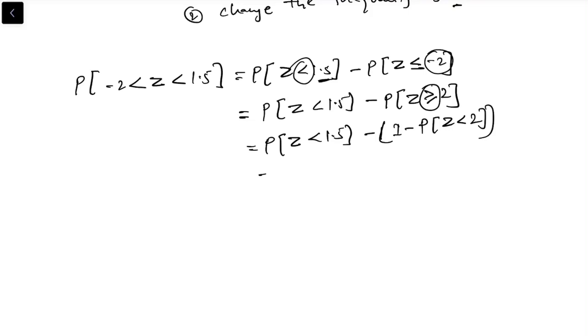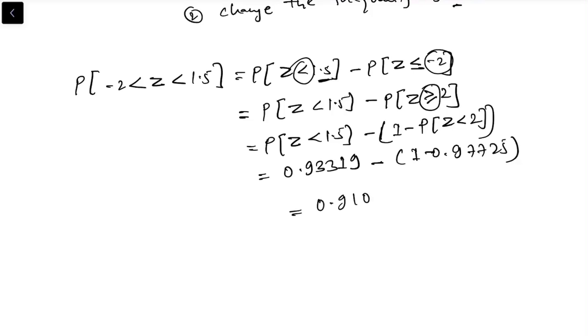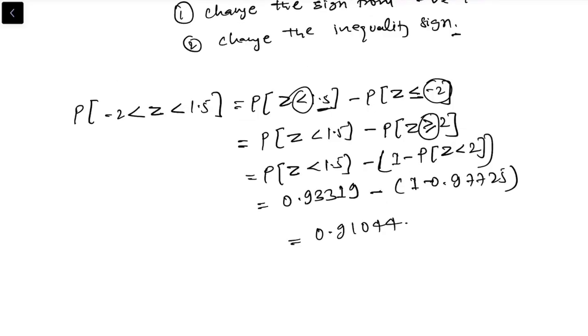So now we can say this is 0.93319 and this is 1 minus 0.97725. If you solve this, you'll get 0.91044. So this is the answer to this question. This is the example of a standard normal distribution.